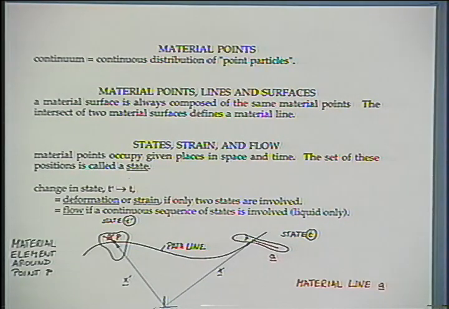The continuum now is assumed to consist of point particles. It's a contradiction in itself. But it means that within the material, let me draw, we could define a material, say a lump of material.